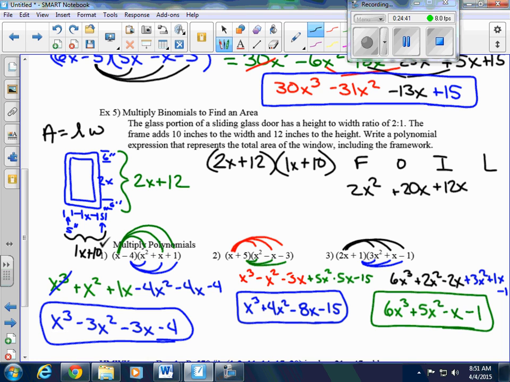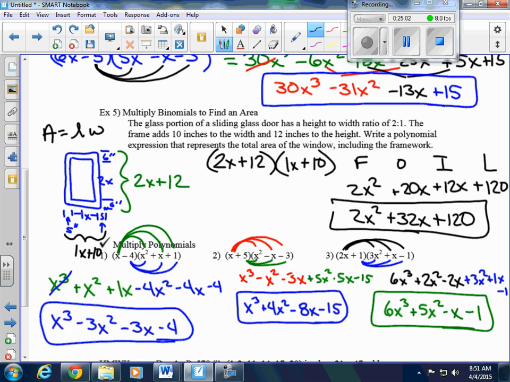And the lasts, 120. So now we'll see those middle two terms, the outside and the inside terms, are like terms. So we're going to put those together. And so there is our polynomial expression that represents the area of the window and the frame.